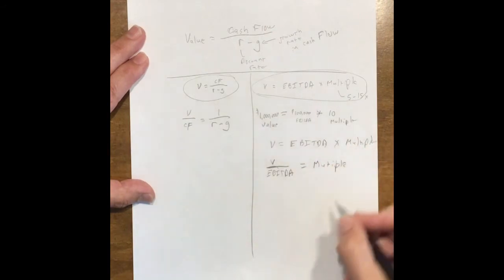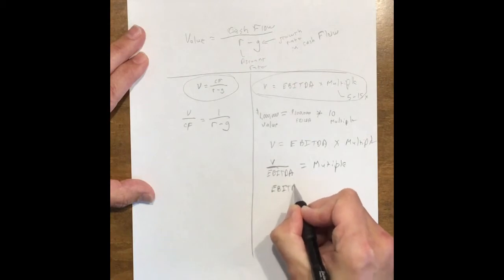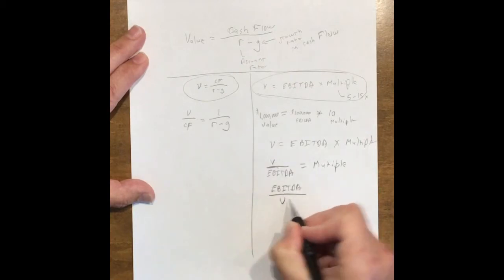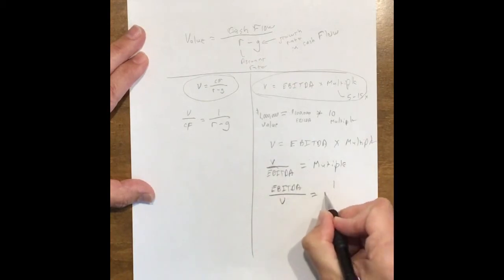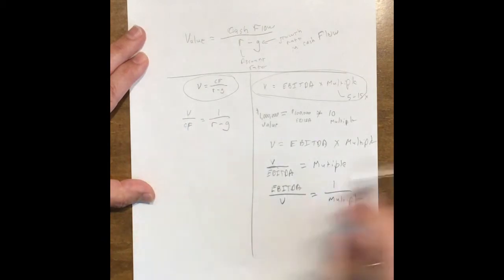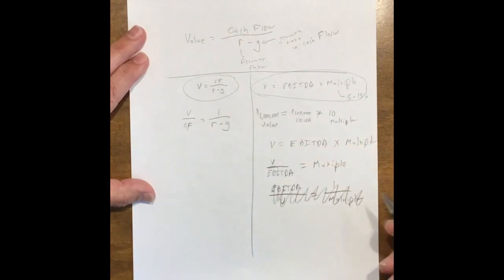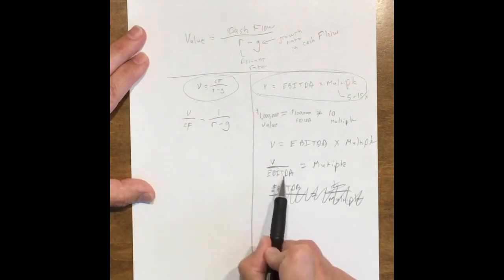And then if we just invert both sides, we get EBITDA over value equals 1 over the multiple. Oh, no, I didn't need to do that, sorry. So forget that.